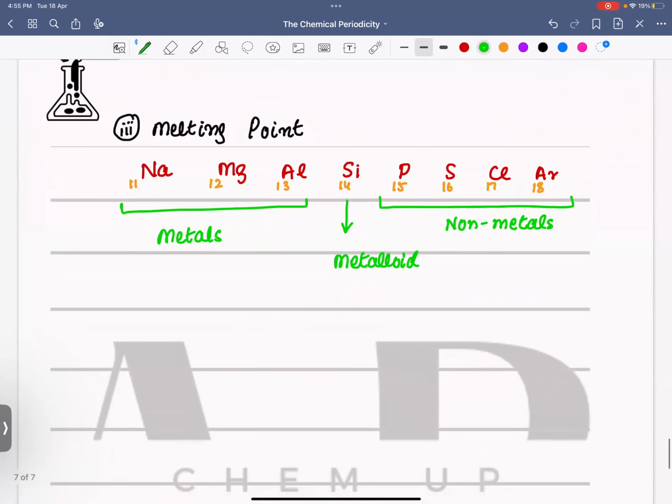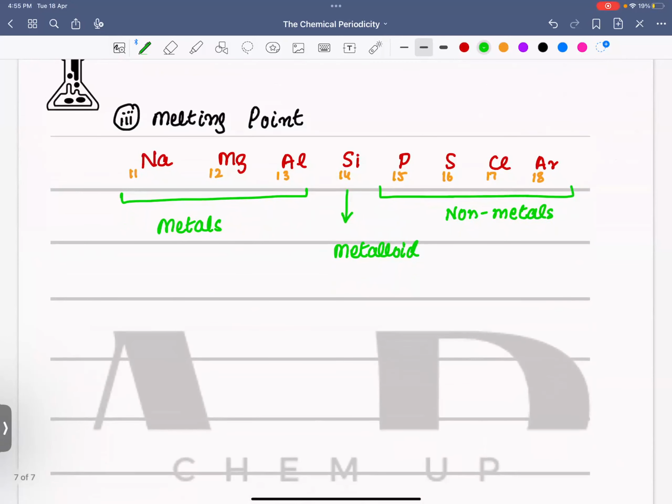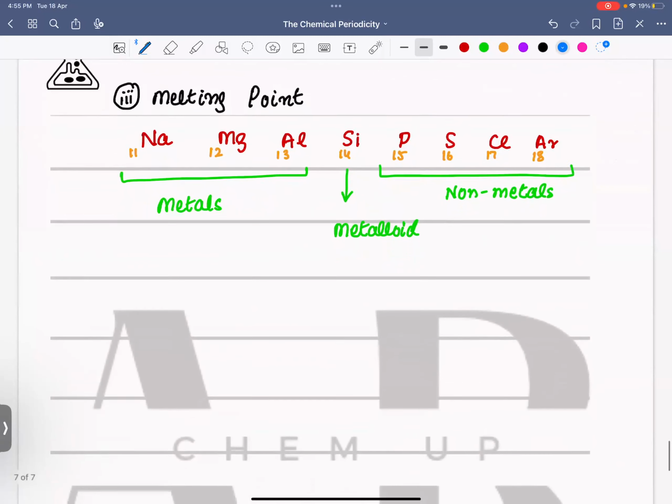Okay, so we have to compare their melting point depending upon the structure and the bonding.